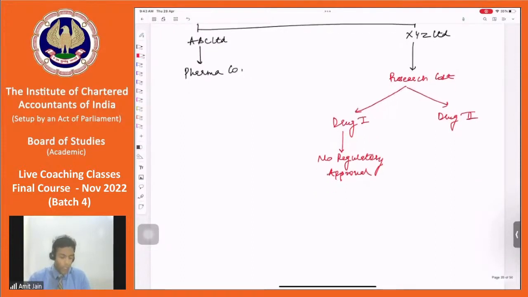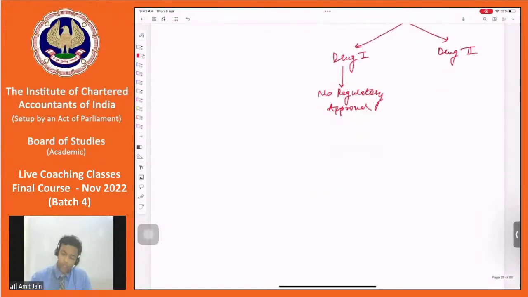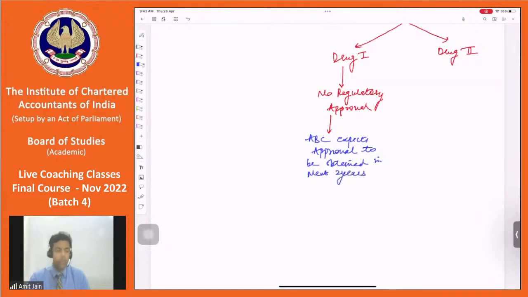Okay, ABC Limited expects that approval will be given in the next 2 years. So ABC here expects approval to be obtained in the next 2 years, right? So we are of the view that the approval will come, right?